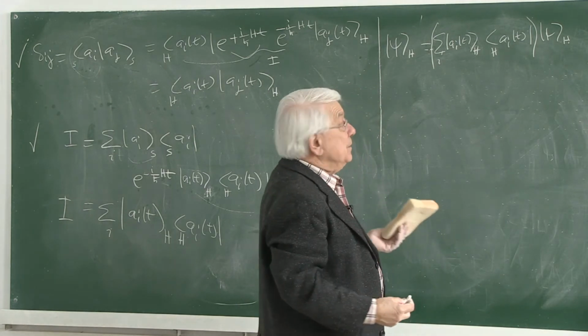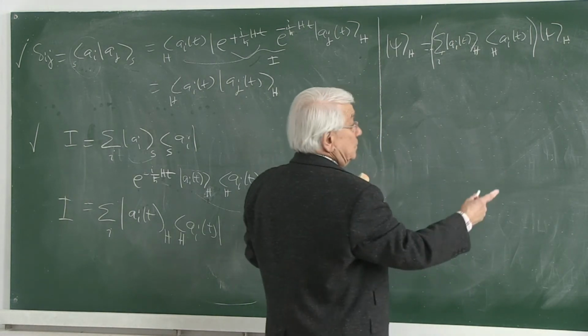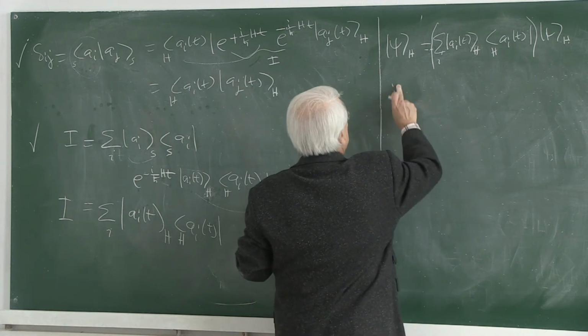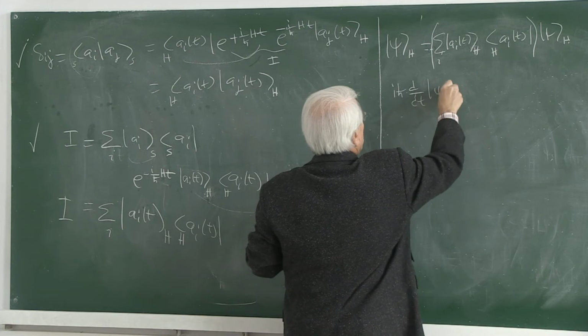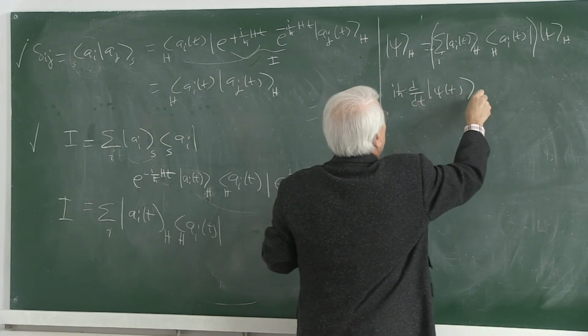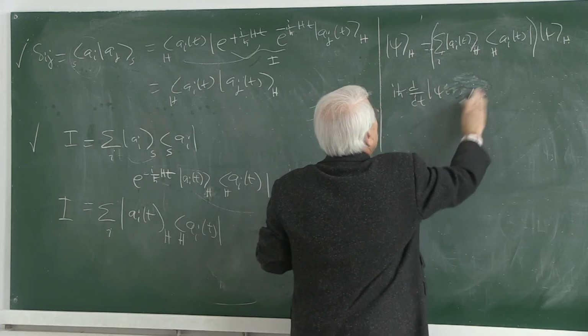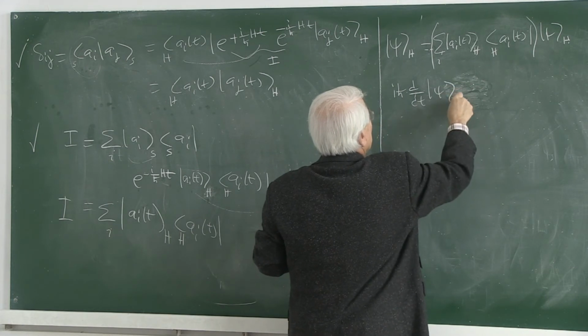So what do I need? I need to demonstrate that i h bar d by dt psi of t, psi h, I know it's frozen.